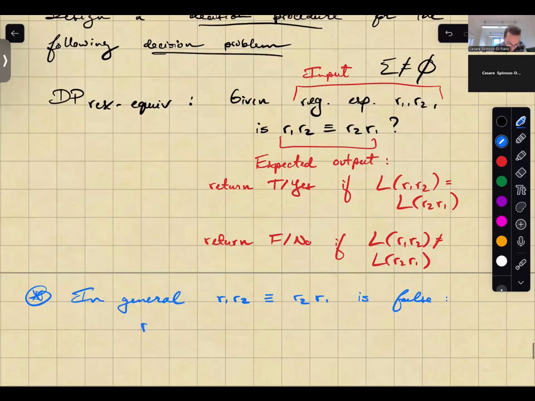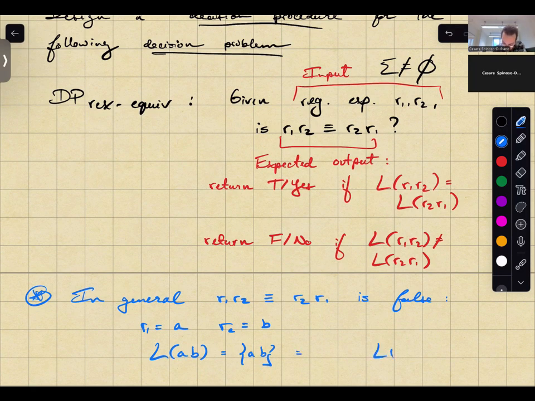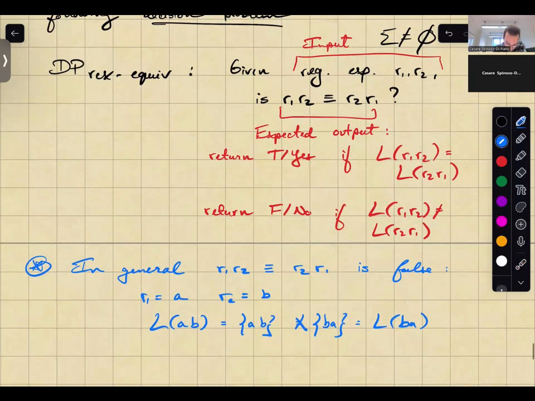Because suppose r1 is just the atomic regular expression A, r2 is the atomic regular expression B, then it's definitely not true that the language denoted by AB, which is the set of strings that just contains AB, is equal to the language denoted by BA, which is the set of strings that actually just contains BA, right? These are clearly different, which means that their corresponding regular expressions are by definition not equivalent.